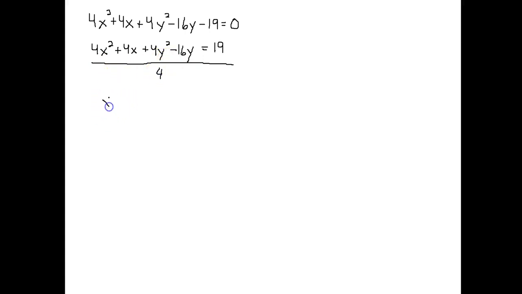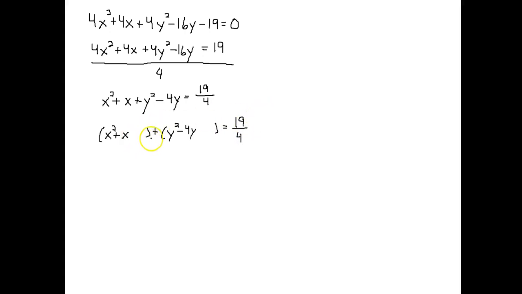So you're going to get x squared plus x plus y squared minus 4y equals 19 over 4. Okay, then group your x's, leave a little space, plus group your y's, leave a little space, that equals 19/4.